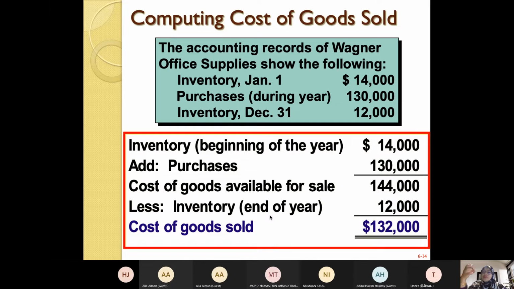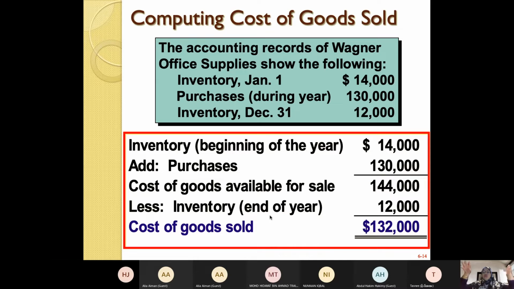Based on this information, remember this one is the periodic, it is simple. If I started with 14,000 and during the year I purchased 130,000, it means that during the year I have 144,000 goods which are available for sale. Then at the end of the year, I make a stock take and I find out that the inventory I have in stock is only 12,000.